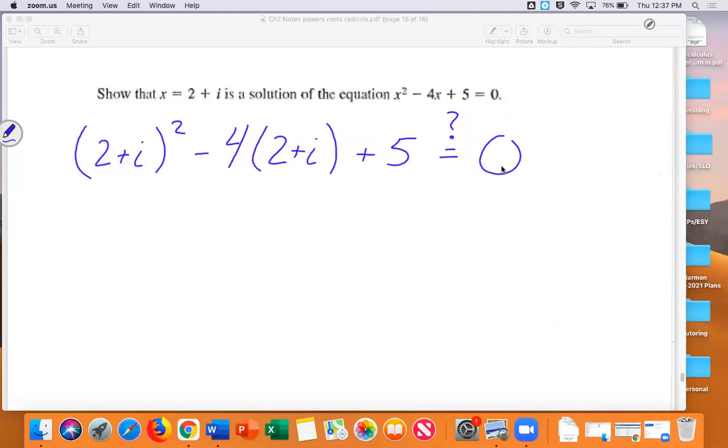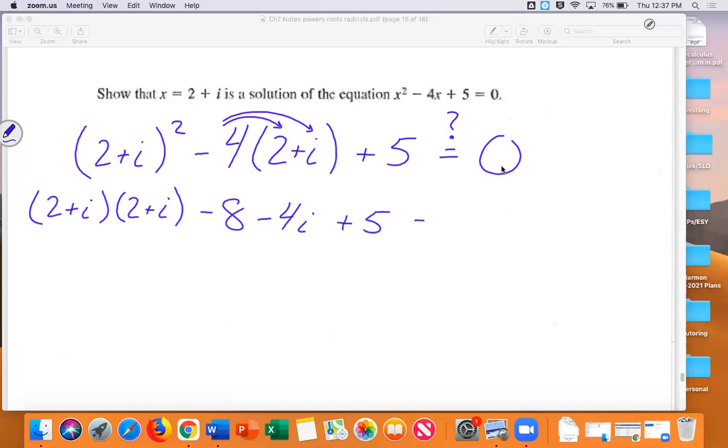If I FOIL this out, it's 2 plus i times 2 plus i. Distribute this. It's negative 8 plus or minus 4i plus 5. Again, I'm still asking, does that equal 0?